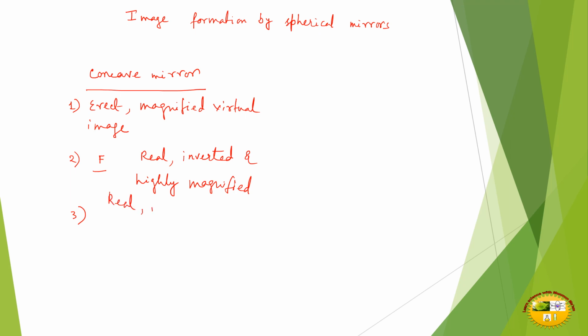As the distance increases, we get a real, magnified and then diminished image. Diminished means smaller in size.